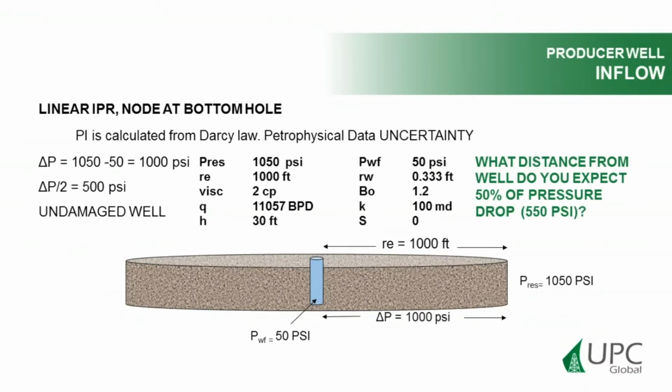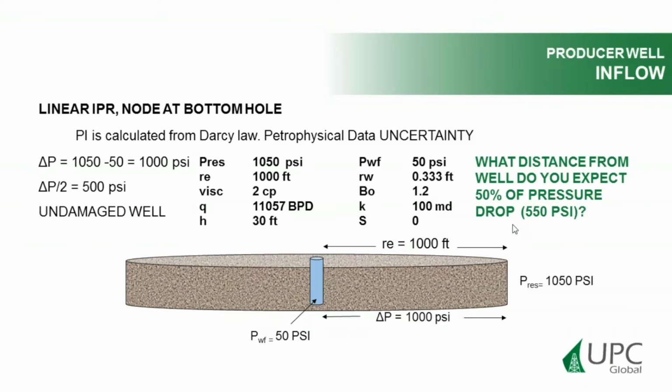So let's talk about the skin a little bit. For this one, we need to think about the following example. The drainage radius is 1,000 feet. Let's say that we have a 1,000 psi pressure drop, the drawdown. The reservoir pressure is 1,050 and the bottom hole pressure 50.